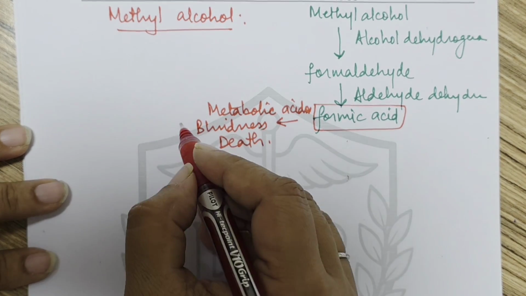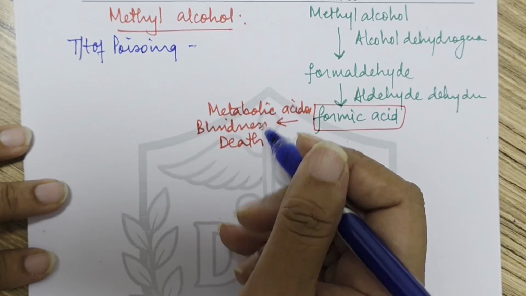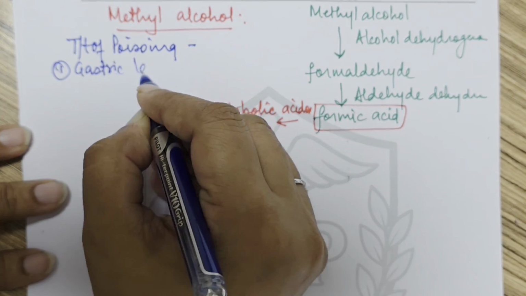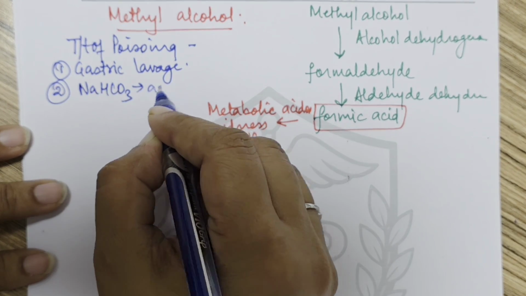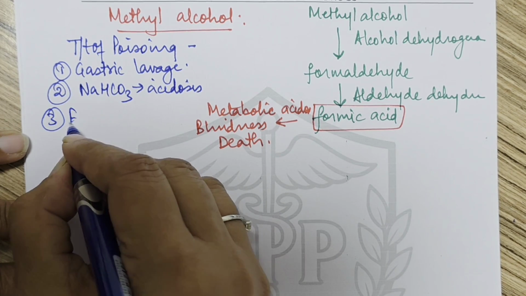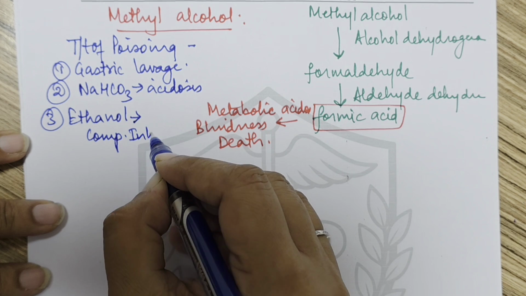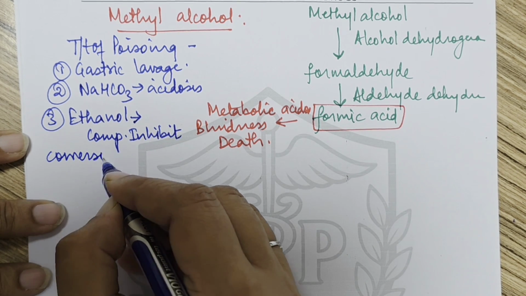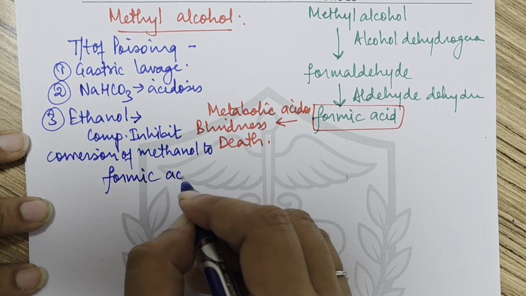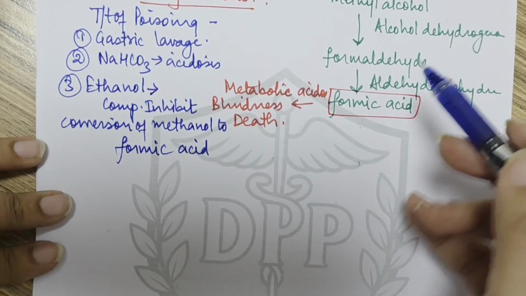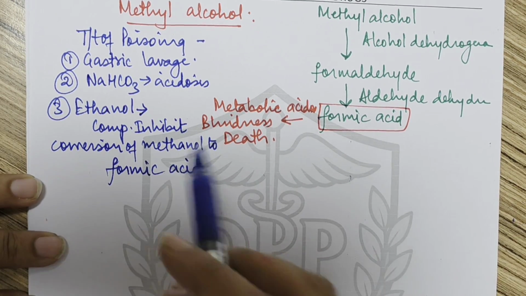Now this treatment, how do you treat? So treatment of poisoning. So first thing that you do is gastric lavage. So you reduce the absorption, any more absorption from the stomach. Second, you give soda bicarb to correct acidosis. Third, we can use ethanol, because what will ethanol do? Ethanol will competitively inhibit conversion of methanol to formic acid. Ethanol will divert the metabolism to ethanol metabolism, and so methanol will not be metabolized, so formic acid will not be generated.